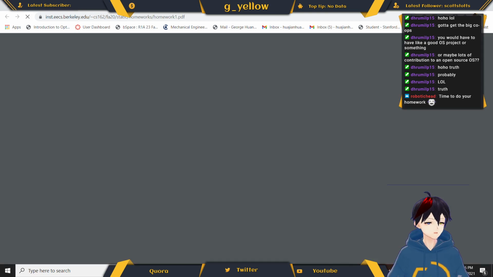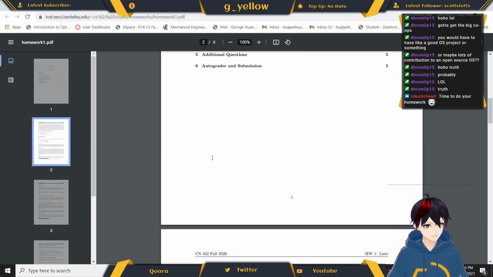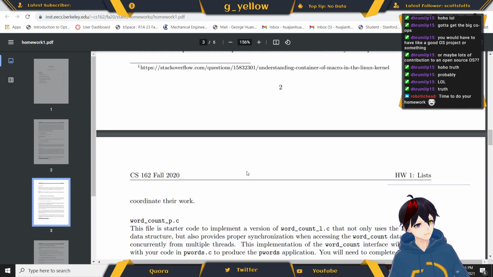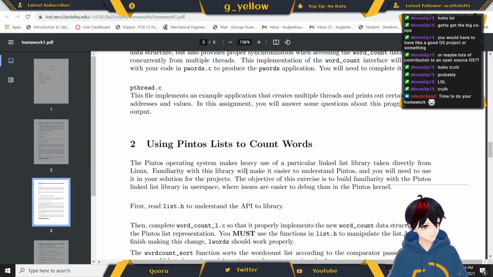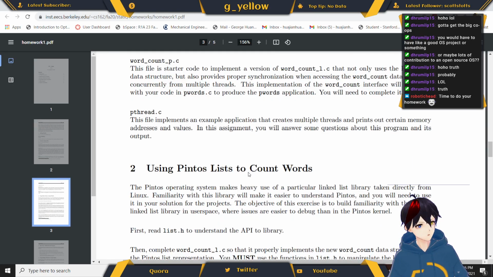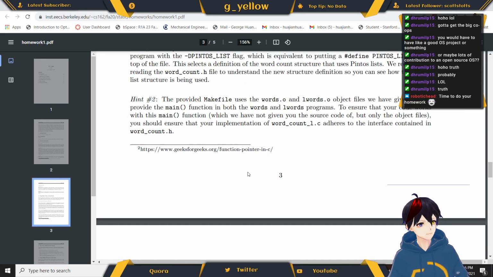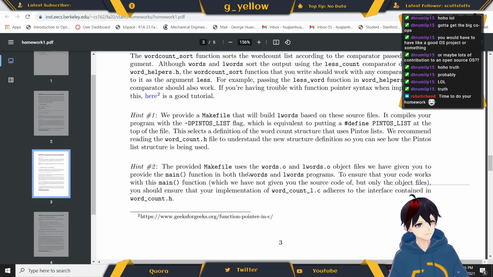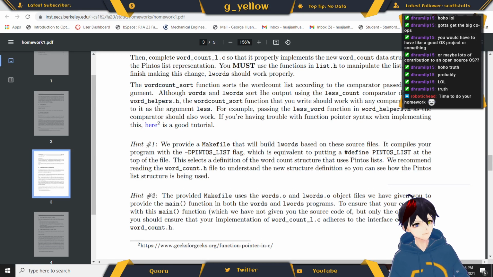Make sure we have test cases, otherwise we can't do the homework. Review, to count words, source the word count list.